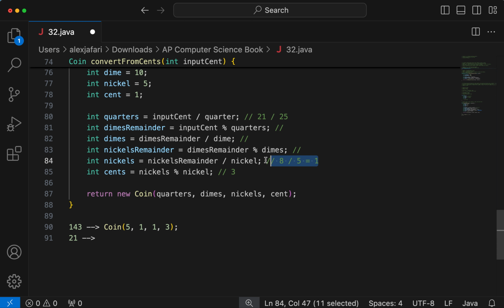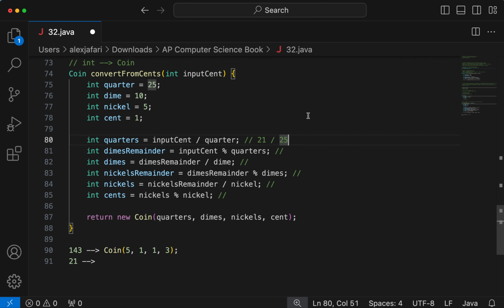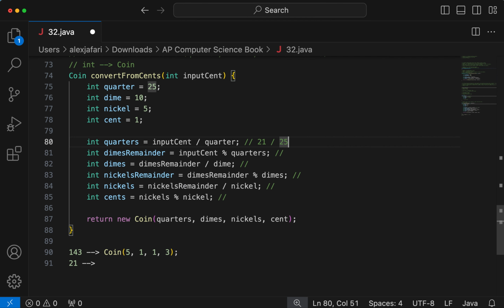I just have 21 cents. How many quarters is that? A quarter was 25? Yeah. So it's going to be 0 quarters, 2 dimes and a cent. Yeah, 0, exactly. So then it will do a remainder of it.